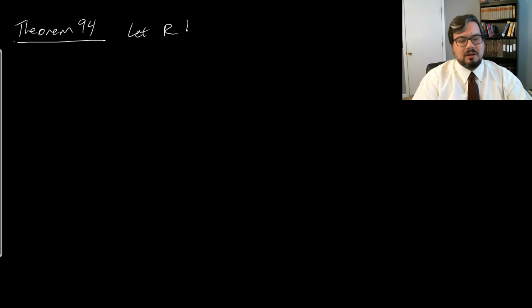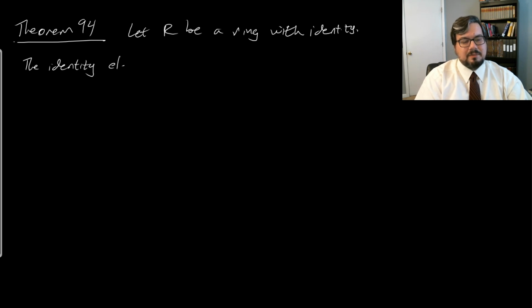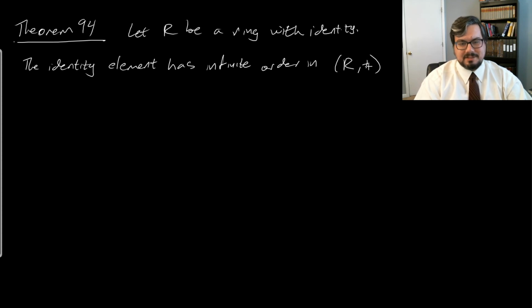So let's let R be a ring with identity. The identity element has infinite order in the group R plus, R with addition, if and only if the characteristic of R is 0.